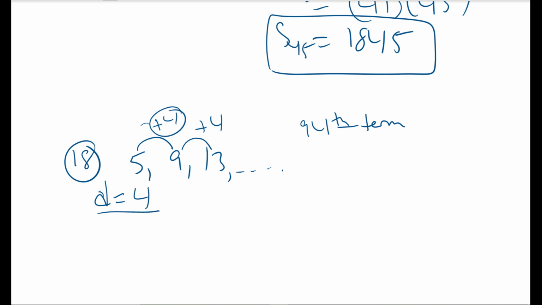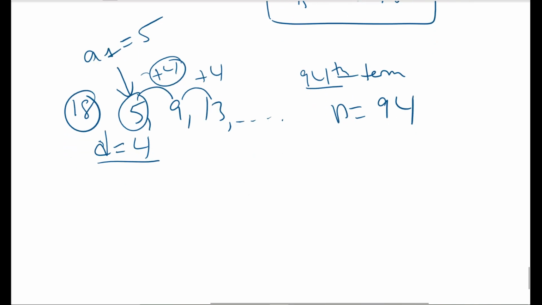Now to figure out the 94th term, if we're finding the 94th term, this means n is 94. Okay? All right, A1, that's 5. So A1, the first term, is 5. This is an arithmetic sequence, by the way.